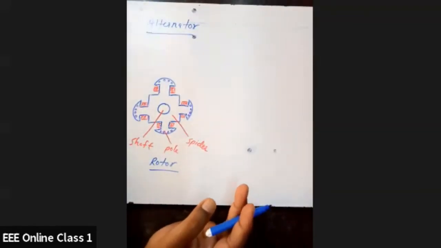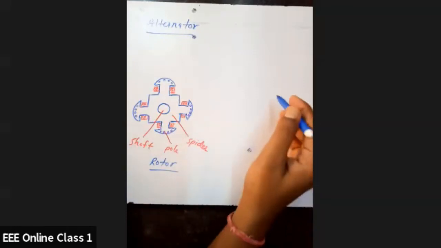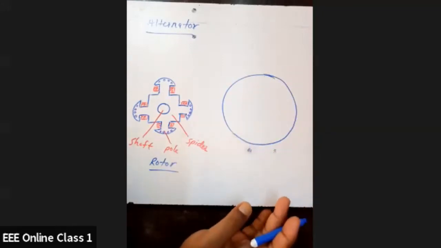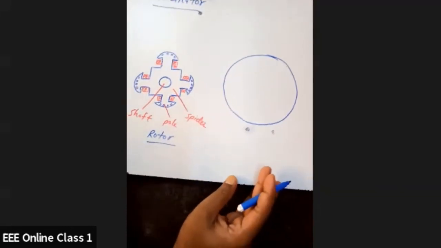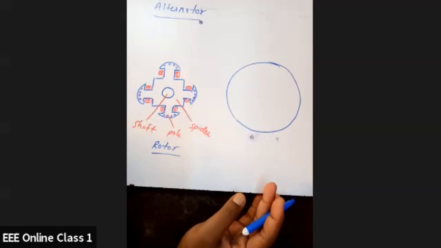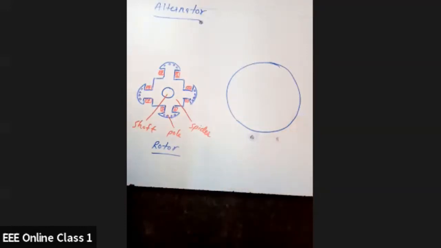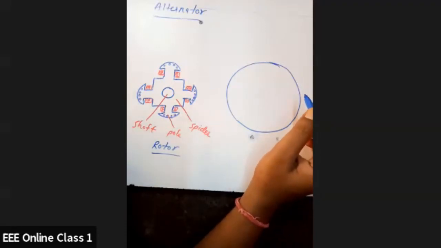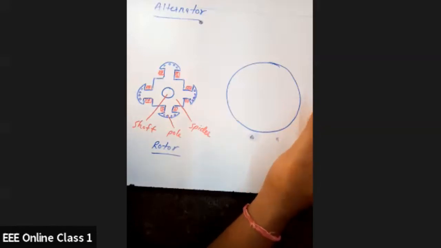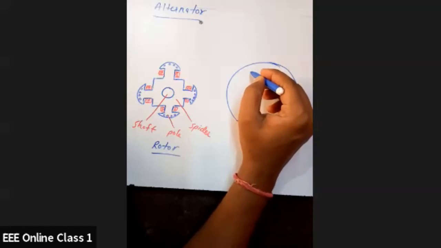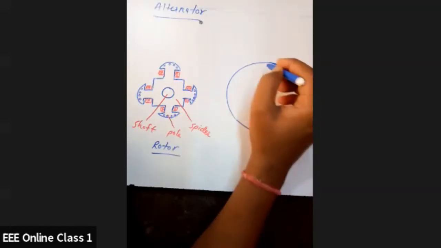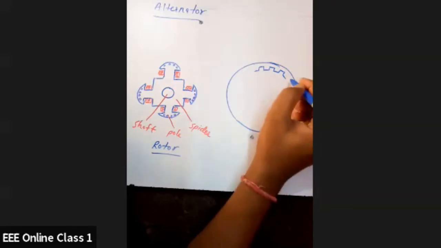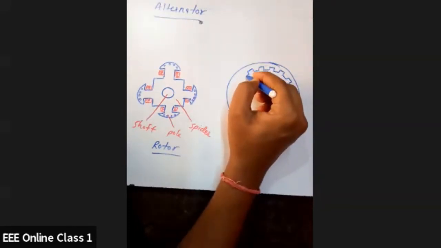We have a stator. As I told you, the stator has slots where conductors will be there, and it will have three phase windings. So we have slots. These are the slots.